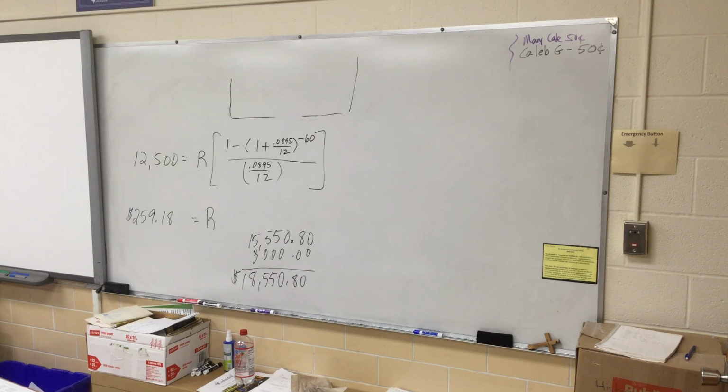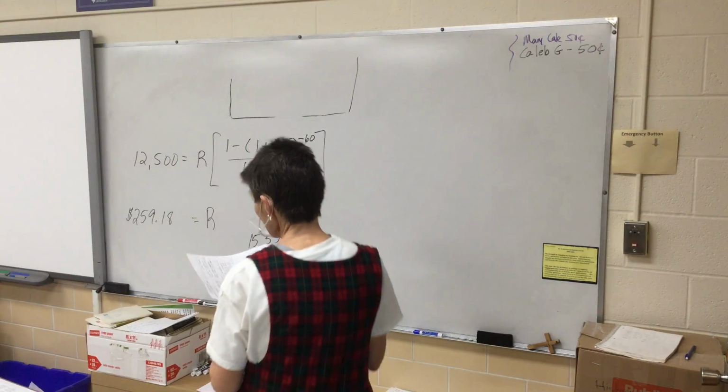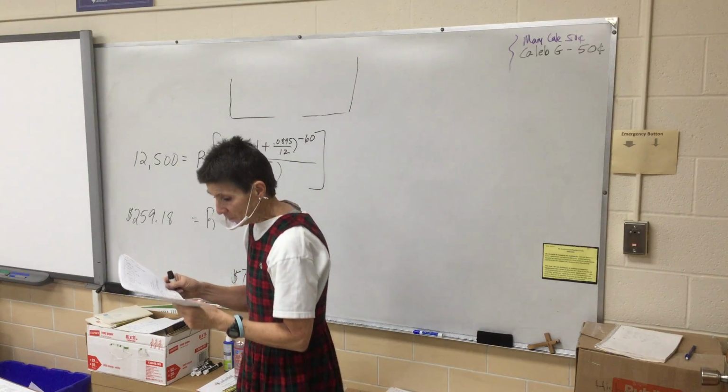Remember, the initial value is the y-intercept. So X is 0, 0 comma. So to find the number present initially, we're going to plug in 0. How would we find out how many are present after 4 days? Plug in 4. Plug in 4. How would we answer C?